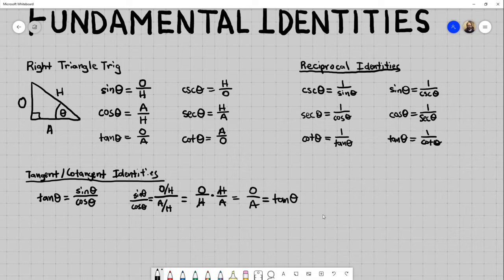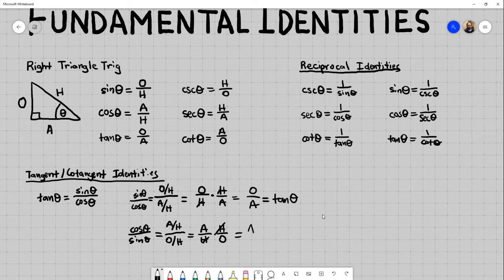Similarly, if I take cosine of theta and divide by sine of theta, well, cosine is adjacent over hypotenuse. Sine is opposite over hypotenuse. And again, when we simplify this, division by O over H is the same as multiplication by H over O. H's cancel.